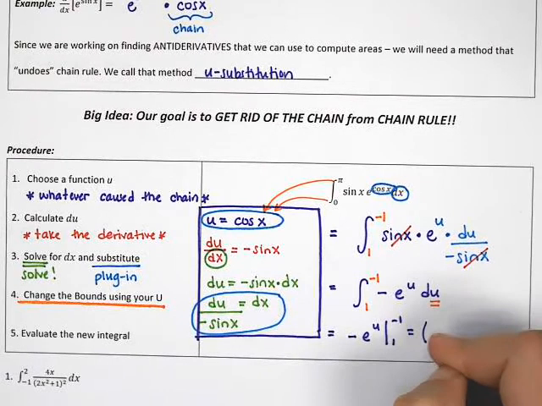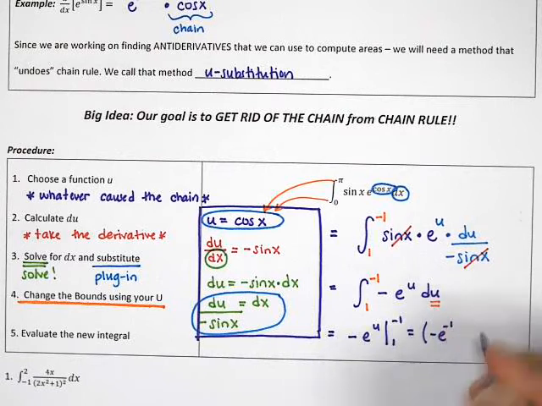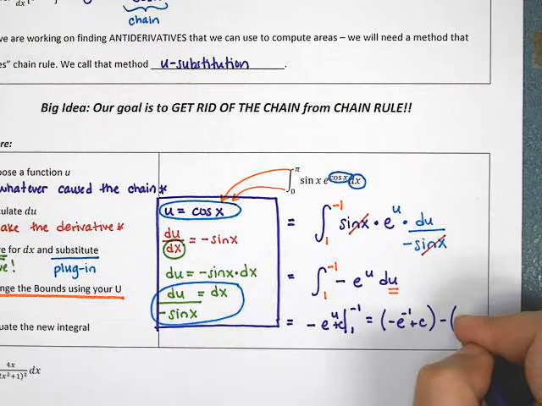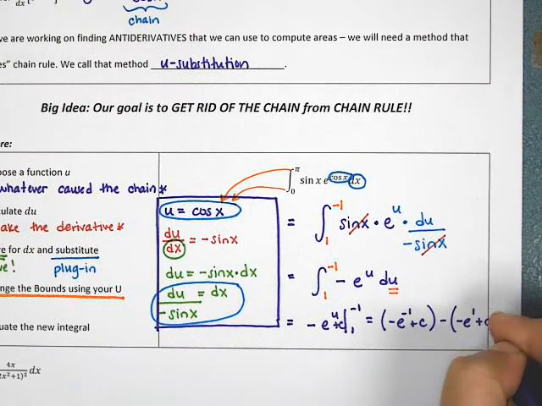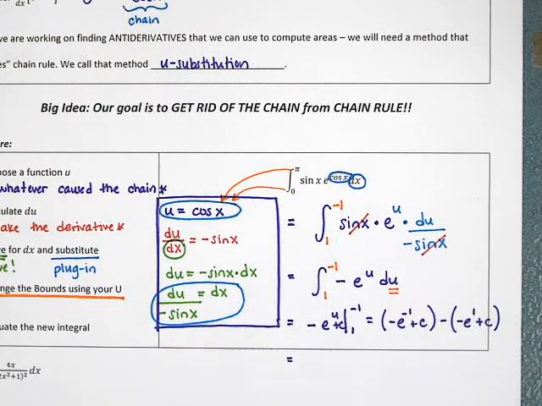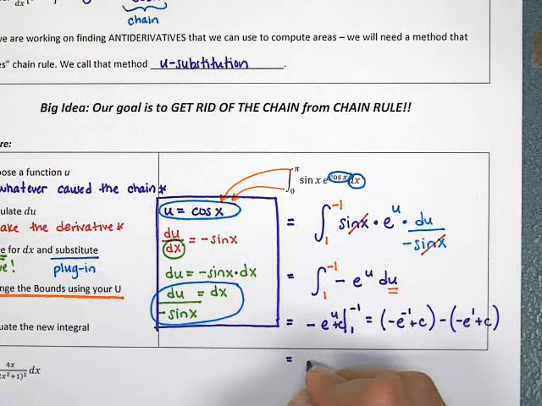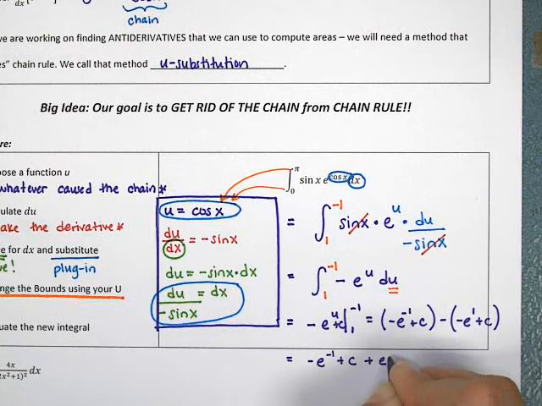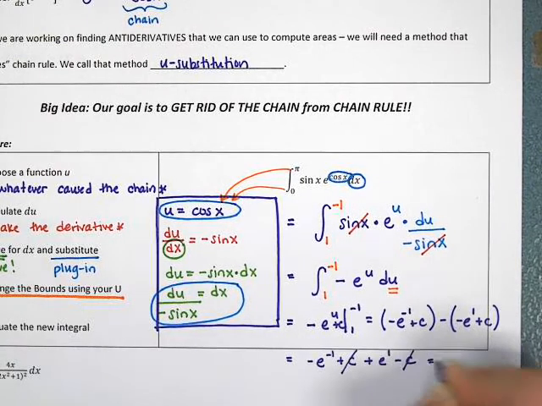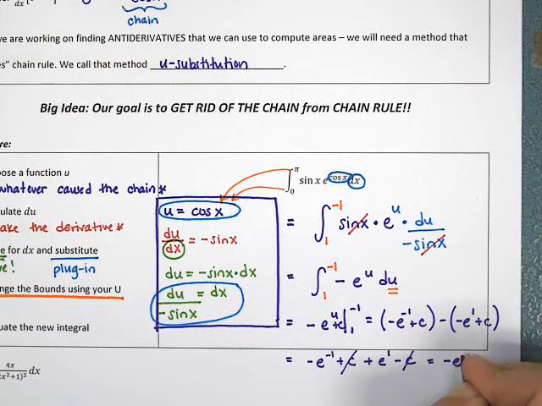You would plug in your numbers, so you would have negative e to the negative 1, plus c, minus, you would plug in your other number, so you would have negative e to the 1 plus c, which means when you simplify, you have negative e to the negative 1 plus c plus e to the 1 minus c. So the c's cancel, which means you get negative e to the negative 1 plus e.